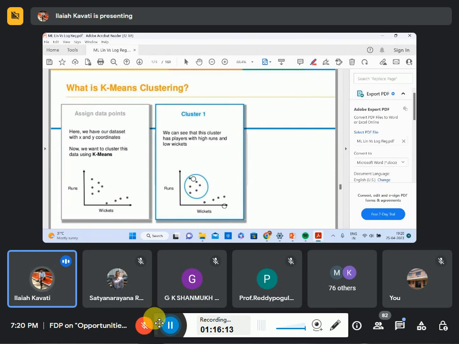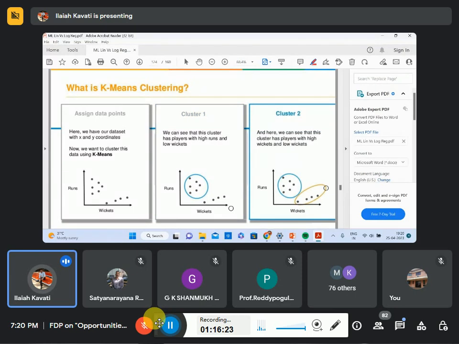In the second cluster, I group the players who take more wickets, on the x-axis. So this is cluster 2. These are the batsmen in blue, and these are the bowlers in the yellow circle.